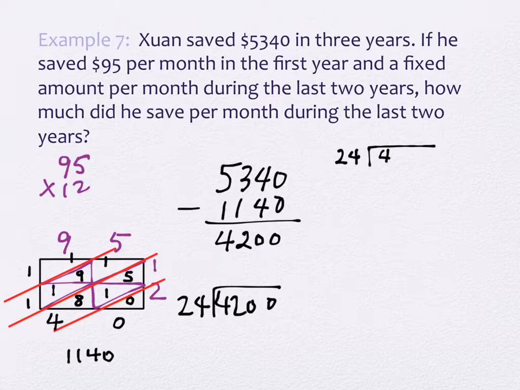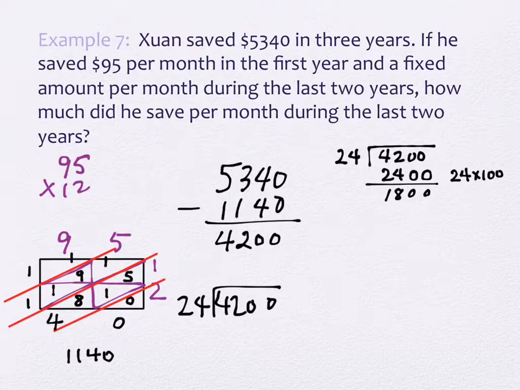So we have a 4,200 here. So again, our goal is to subtract 24s followed by zeros, and 2,400 works here. And because there's 2 zeros, this is 24 times 100, right? So what is 4,200 minus 2,400? 1,800.